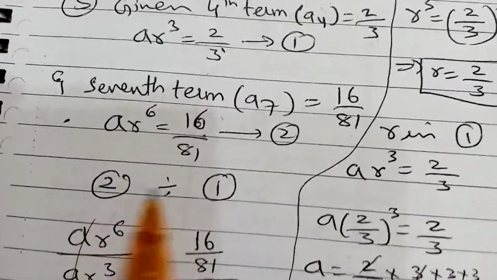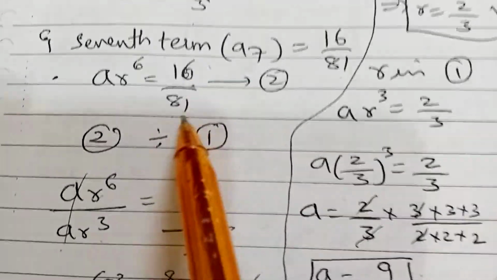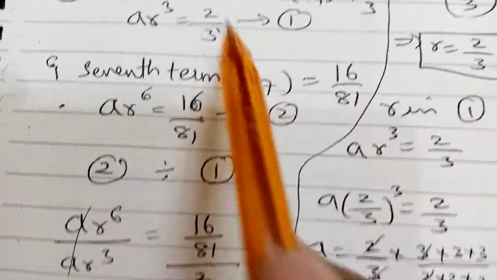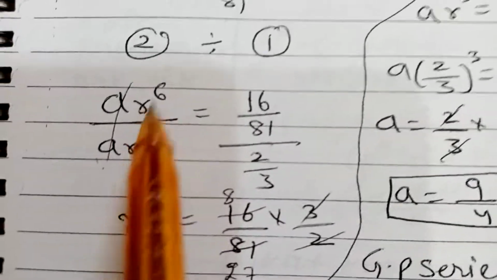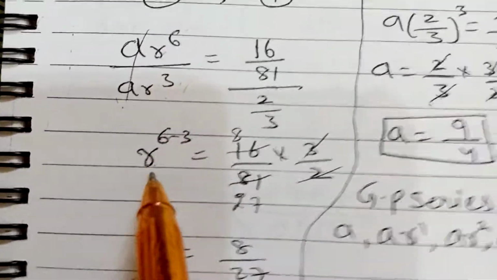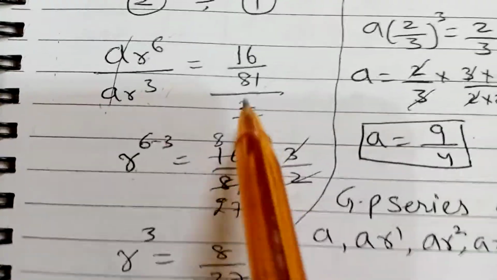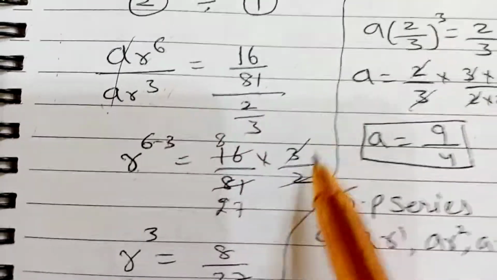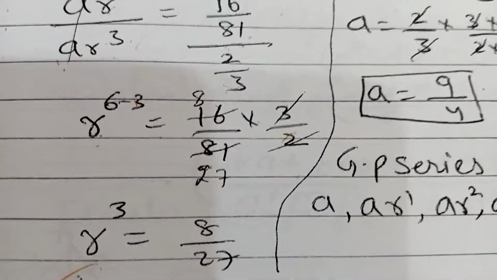Second equation. So divide the second equation by the first equation. a r^6 by a r^3 is equal to 16 by 81 over 2 by 3. a cancels. The base r power of n by r power of n gives r^(6-3). r^(6-3) is equal to 16 by 81 as it is, into when 2 by 3 comes up it becomes 3 by 2. Now cancel.